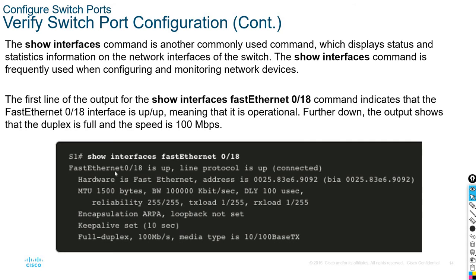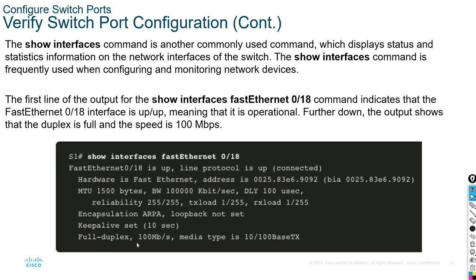In the first line you can see the output of show interfaces FastEthernet 0/18. This indicates that the FastEthernet 0/18 interface is up, meaning it is operational. Further down, the output shows the duplex is full and the speed is 100 Mbps.